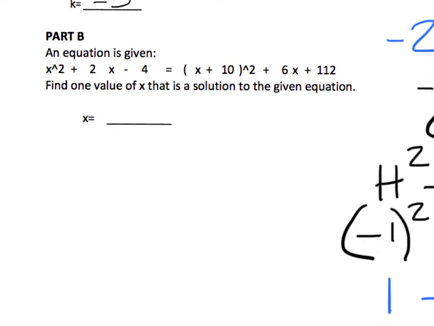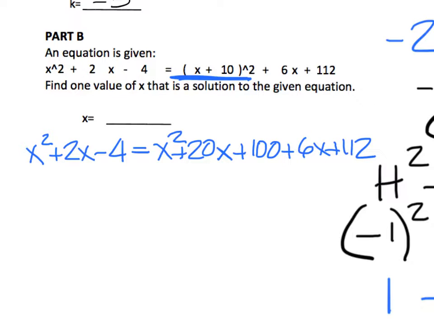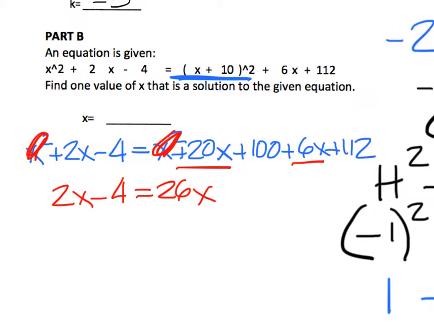And let's see if I can squeeze it in here. It is x squared plus 2x minus 4 equals, and we must expand that out to get x squared plus 20x plus 100 plus 6x plus 112. And we know that x squared and x squared are just going to go away. 2x minus 4 equals 20x plus 6x, which is 26x. And then 100 plus 112 is 212.